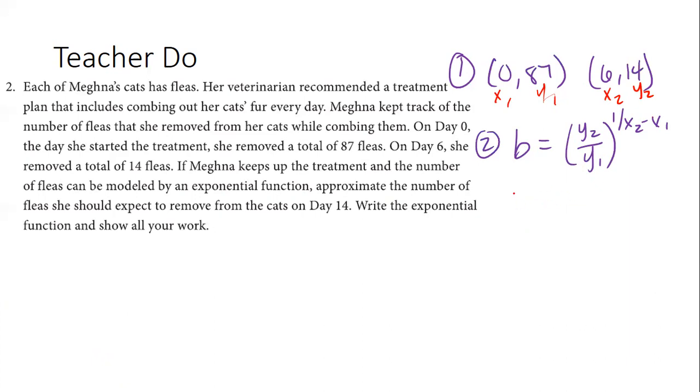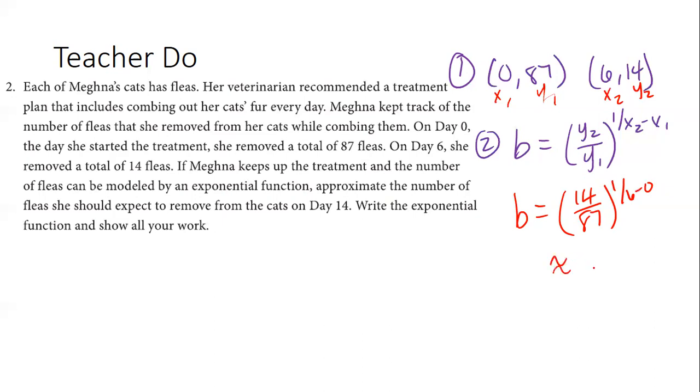So we're going to plug everything in. We have B equals 14 over 87, which means that they're decreasing, right? We can see it's a decrease, to the 1 divided by 6 minus 0.